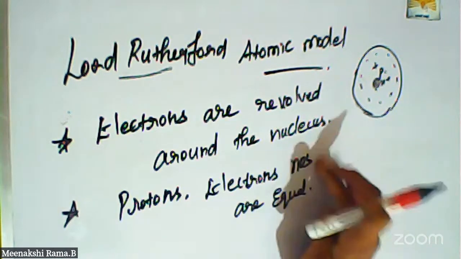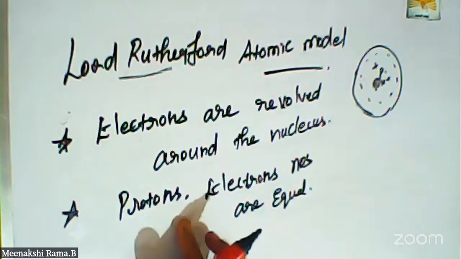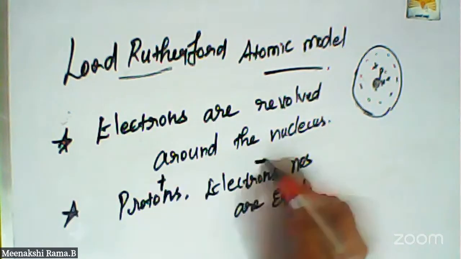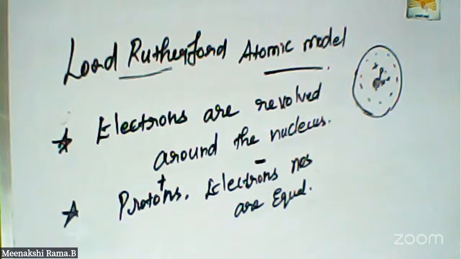Protons contain positive charge, electrons contain negative charge, so it is a neutral state. Okay, so this is the conclusion of the Rutherford atomic model.